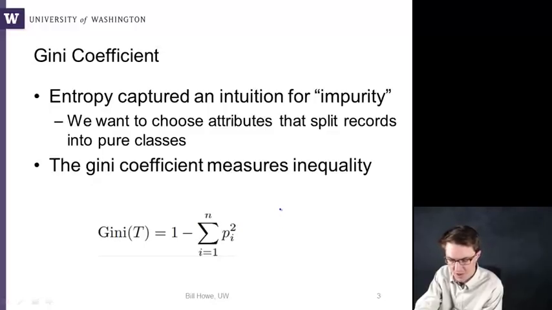But if you think about how this is behaving, if you have probability 0.5, then square that and it'll be plus 0.5 on the other side. Say we have a binary class, so just survived and not survived. Then this will be 0.25 plus 0.25, which is 0.5.